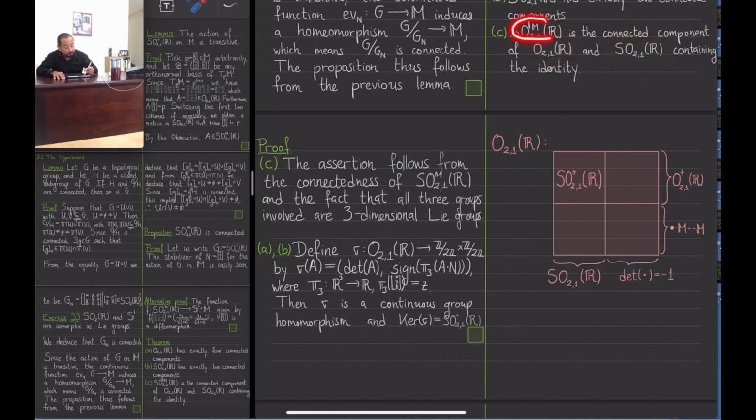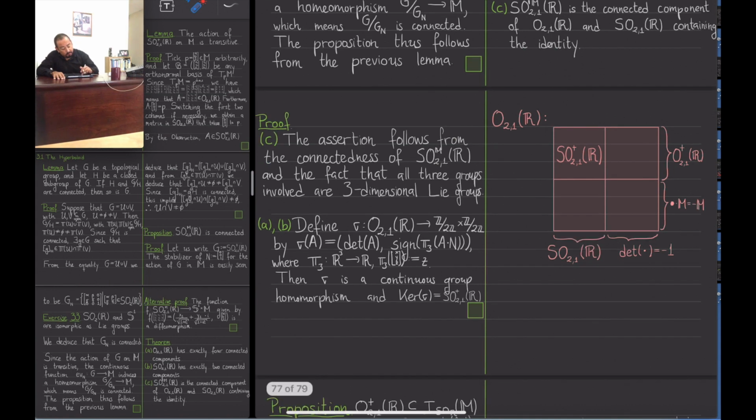So this one is a three-dimensional connected Lie group contained in a three-dimensional connected Lie group. They have to be equal. This follows from the fact that all three groups really are three-dimensional, and the fact that this is already connected.